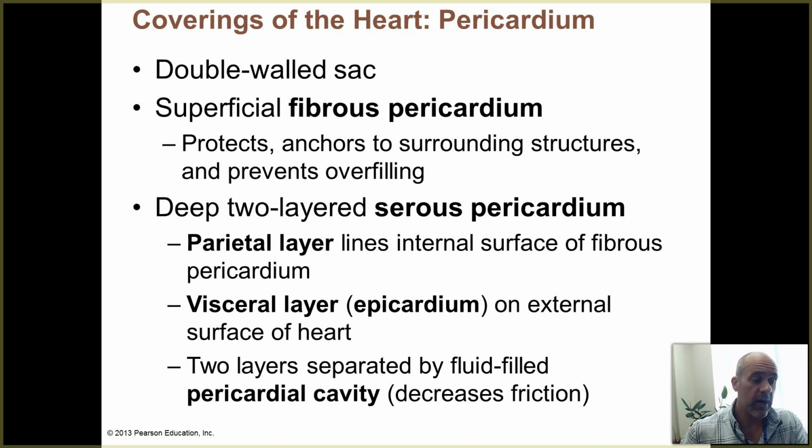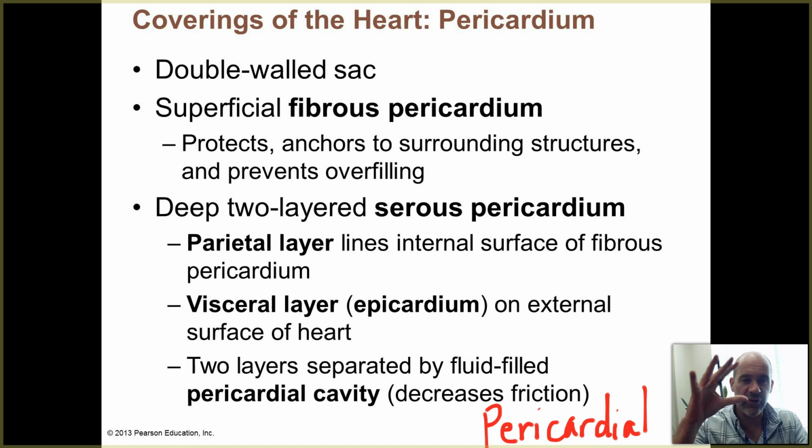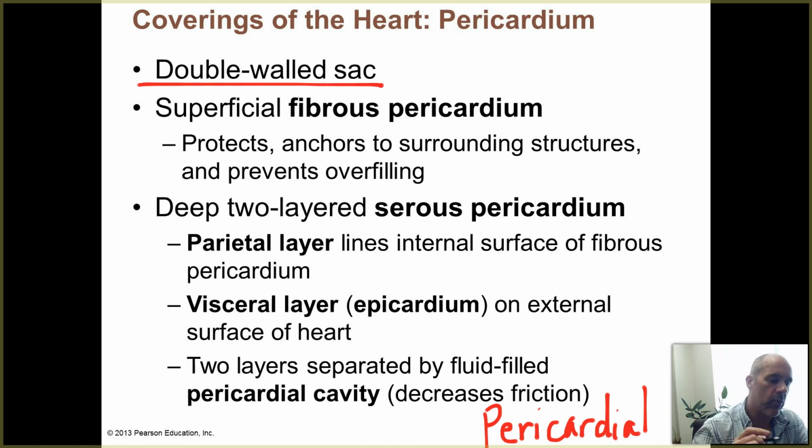All right, so coverings of the heart. The heart is sitting in the pericardial cavity. If you guys remember that, that's its little compartment that it's in. And the little sac that the heart is sitting in has a double wall.